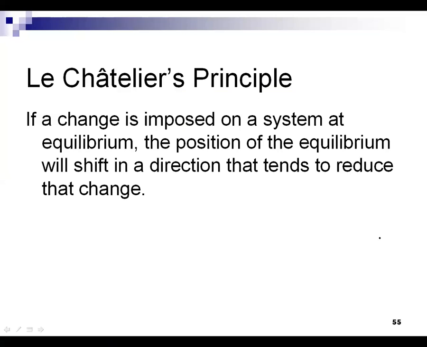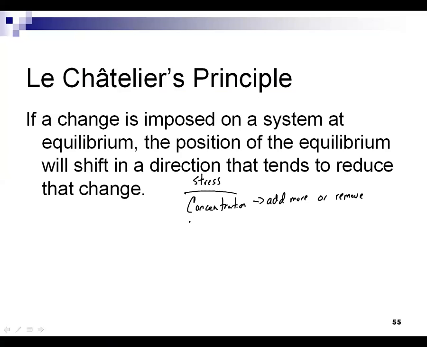So as I mentioned, it is a system that's at equilibrium. We basically will add some type of stress to it. So let's talk about what things could be stresses. When we talk about stresses to a system at equilibrium, one has to do with concentration. You could either add more or remove.